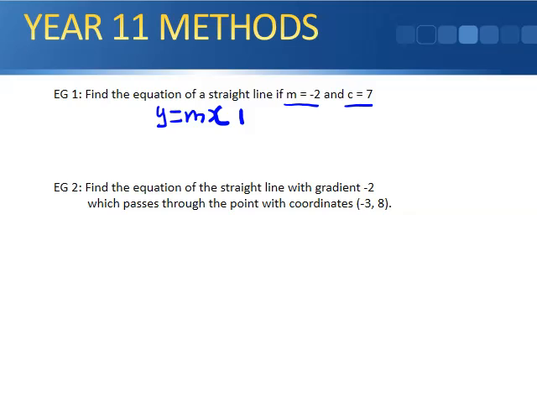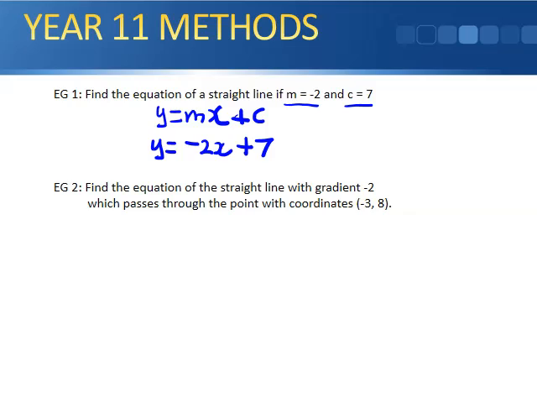We know the gradient here. So we've got y equals, the gradient is -2, and we've got the x next to it. And we know that c is plus 7. So there's the equation of this straight line.